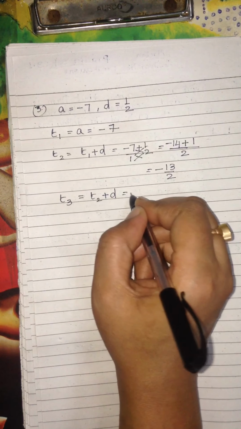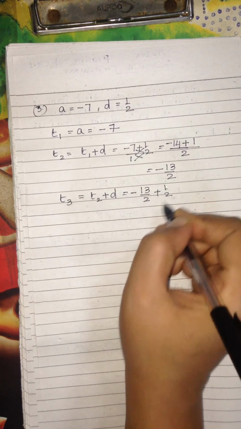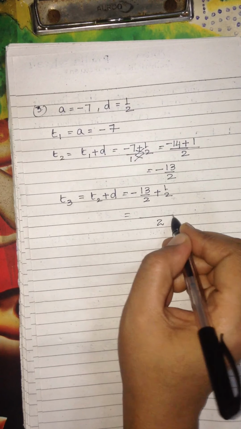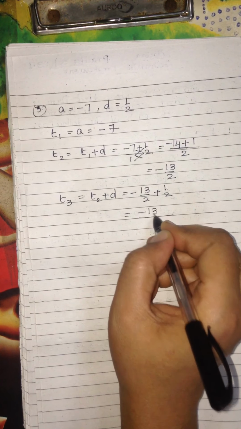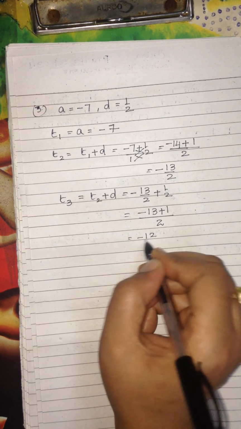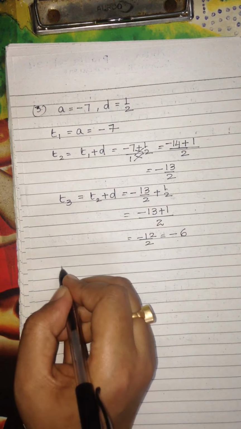And similar manner, try to find the third one, given as t2 plus d, the second term plus the common difference, that is -13/2 plus the half, the same denominators, so one common denominator, the numerator will be added as it is, you will get -12/2, that gives you -6.